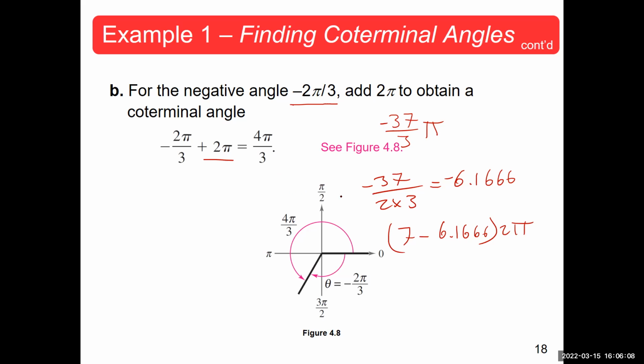How much is that? Can somebody tell me? Multiply 2 by this number, 7 minus 6.1666.